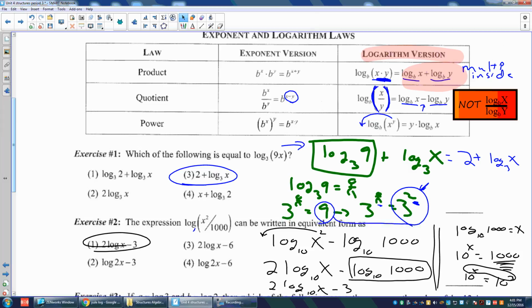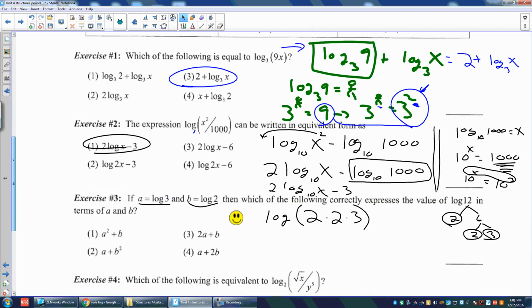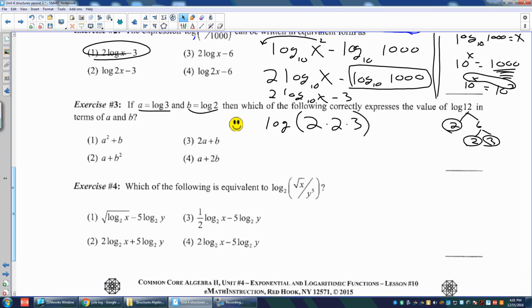Log of x plus log of y plus log of z. So here, we're going to have log of 2 plus log of 2 plus log of 3. Don't get confused. This isn't the distributive property. This is one of the log properties.